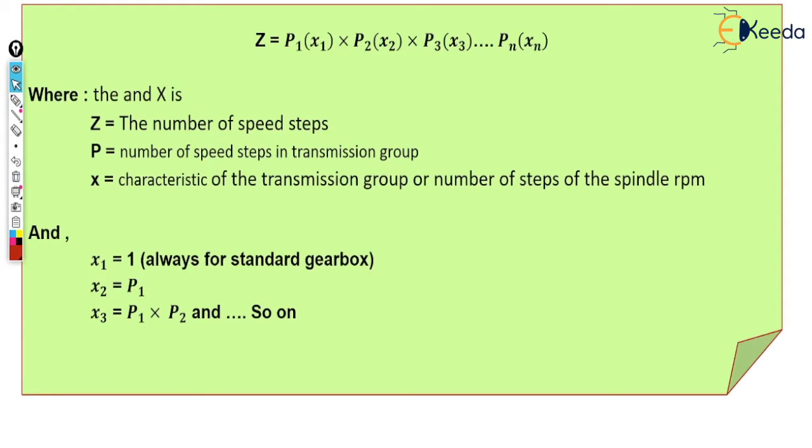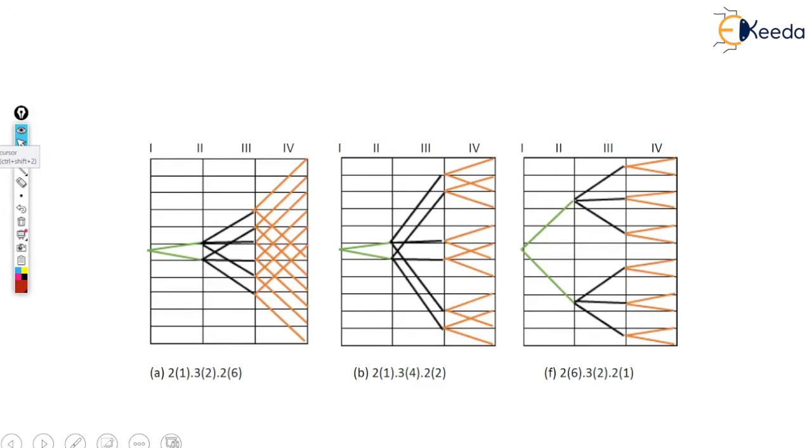Now this is regarding the structural diagram or structural formula, but we haven't seen what the meaning of a structural diagram is. If we have any gearbox which has 3 shafts in it, or it is a 3-stage gearbox, we have a structural diagram which looks like this, and it is represented in this term.